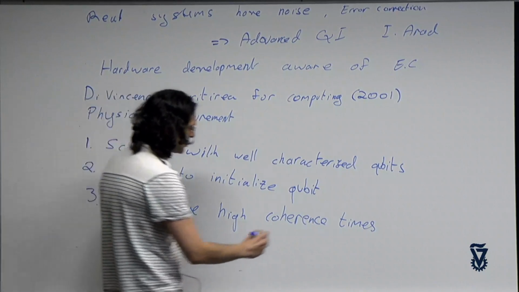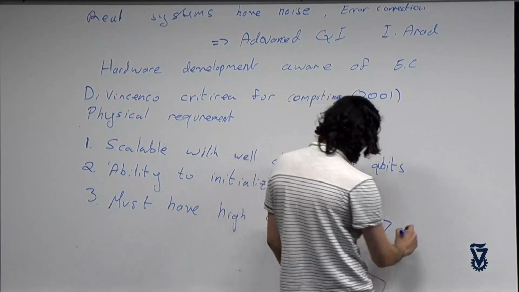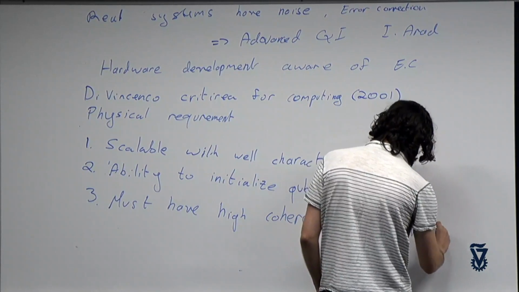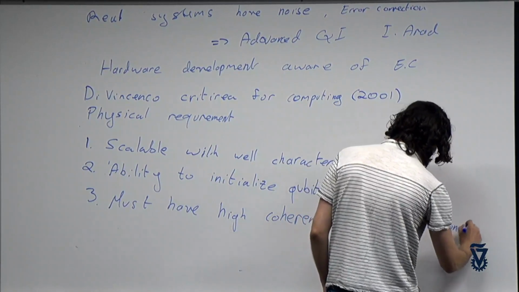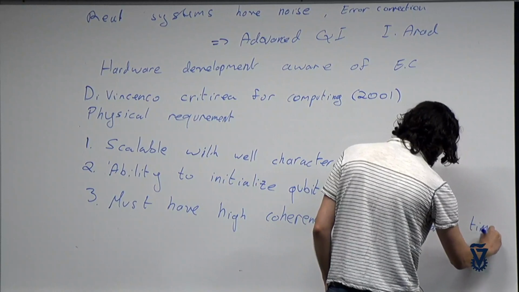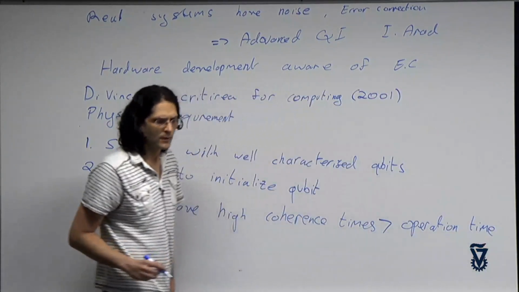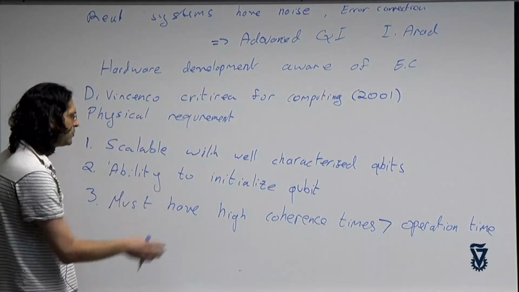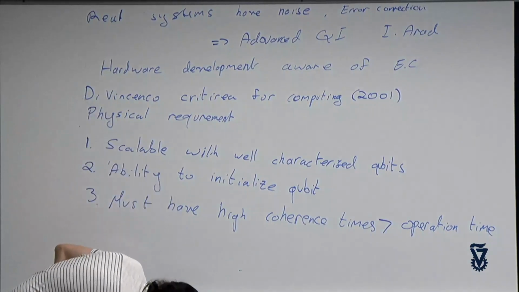Specifically, they need to be much larger than your operation time. So basically, you need to be able to do many operations within a coherence time.